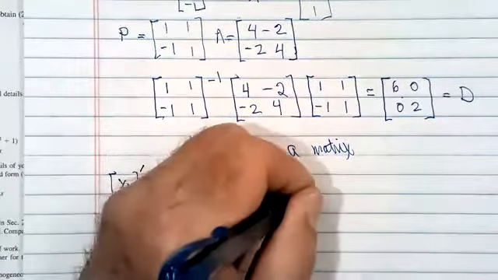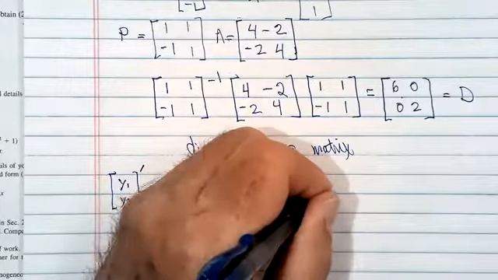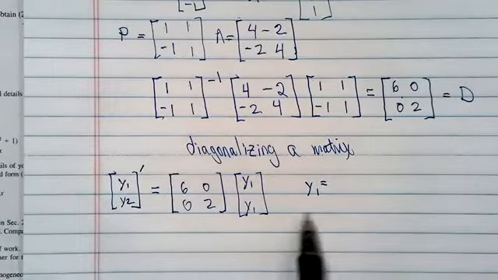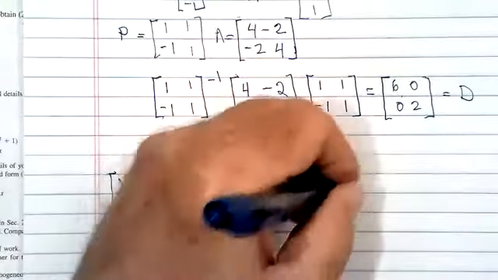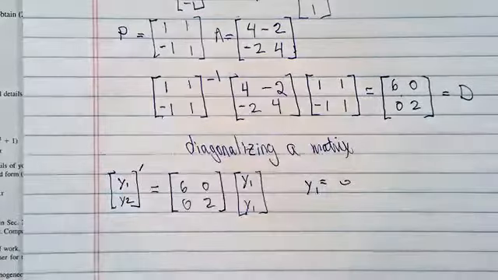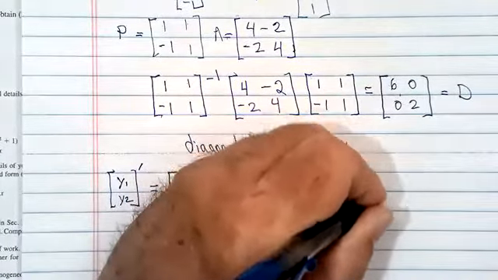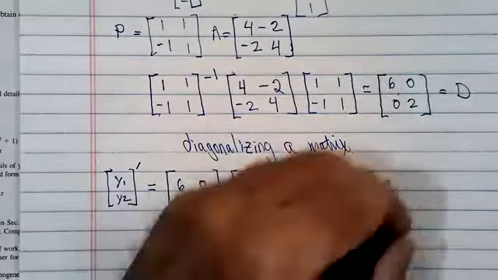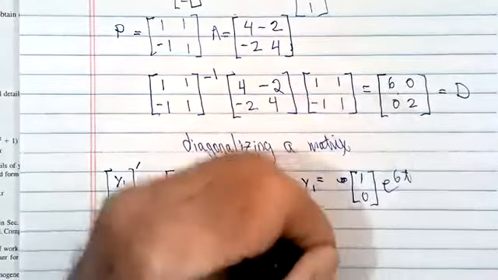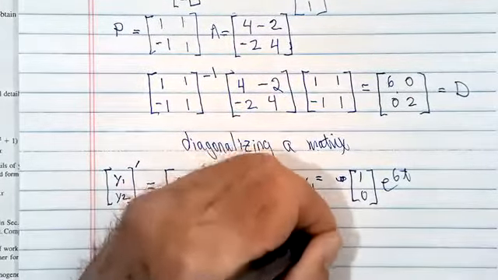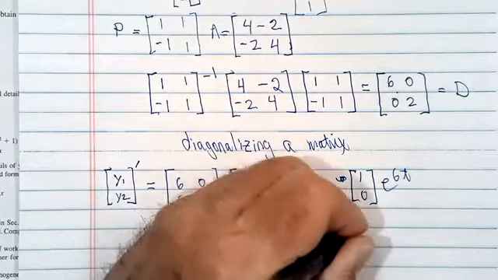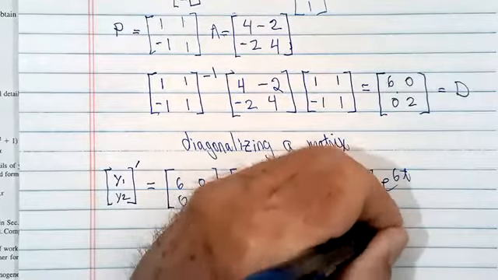Then the first solution would be 1, 0, e to the 6t, and for y2, you get 0, 1, e to the 2t.